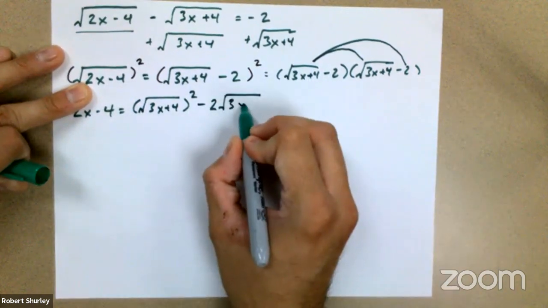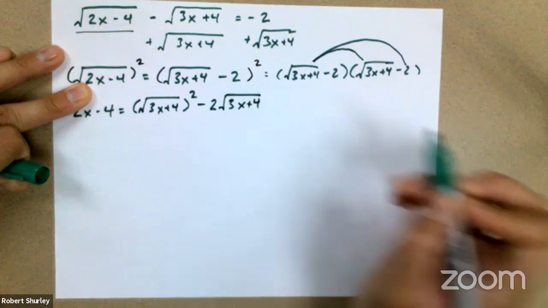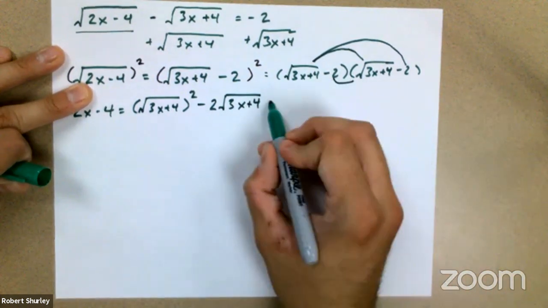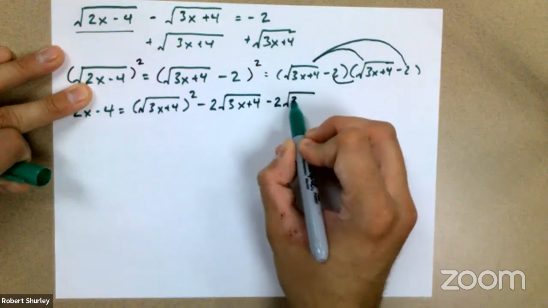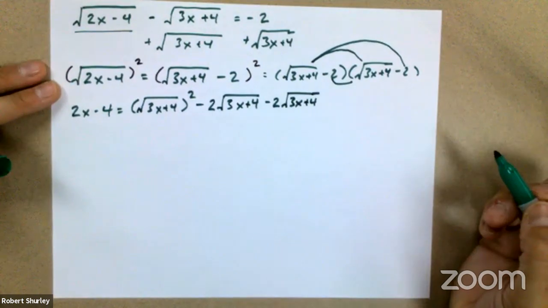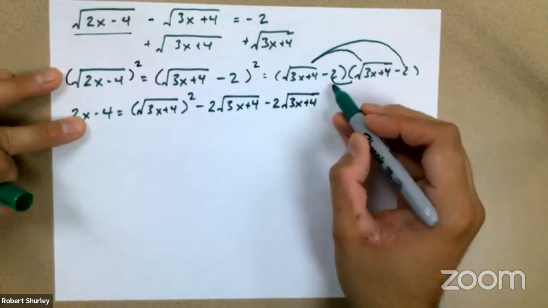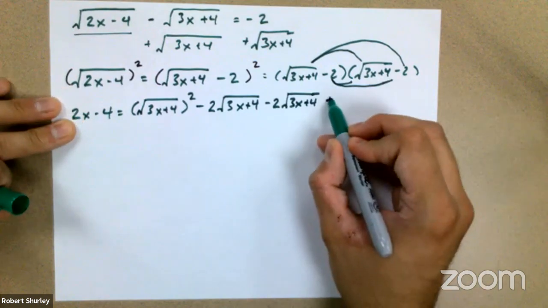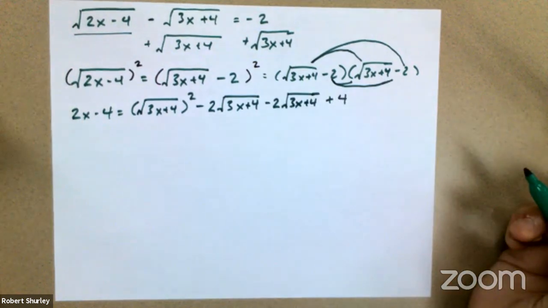So negative 2 times the square root of 3x plus 4, right? Inside, same exact thing. Lastly, though, we got minus 2 times minus 2. That's a positive 4.